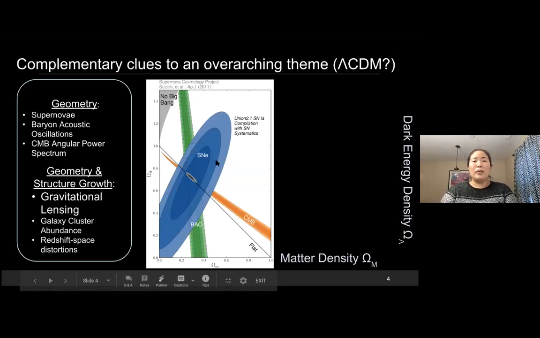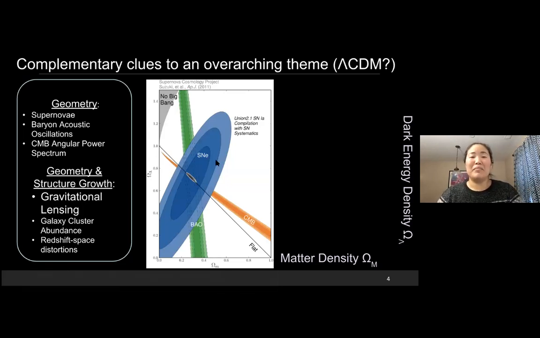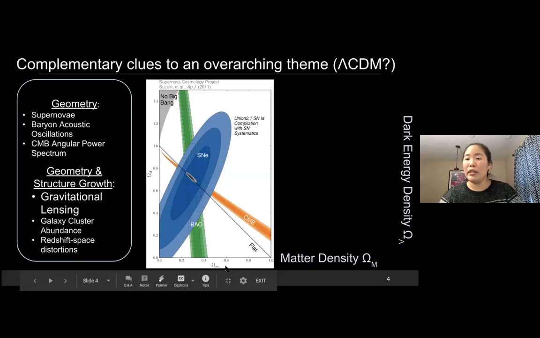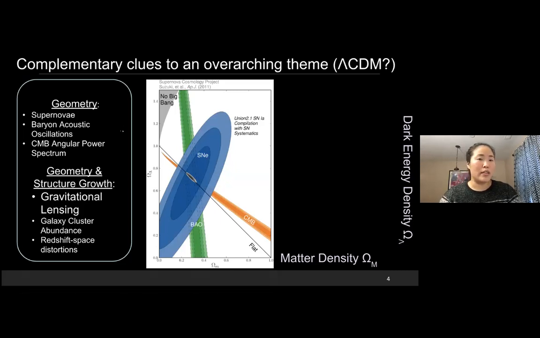And here's a plot from 10 years ago now, from the Supernova Cosmology Project, which on the x-axis has the matter density, omega matter, and on the y-axis, the dark energy density, omega lambda. Some of these are just the top probes that give information on geometry.